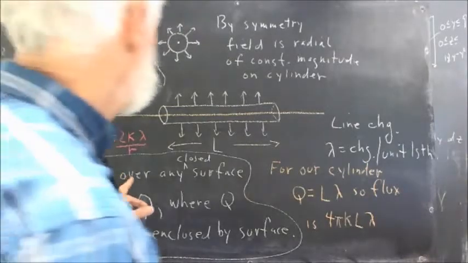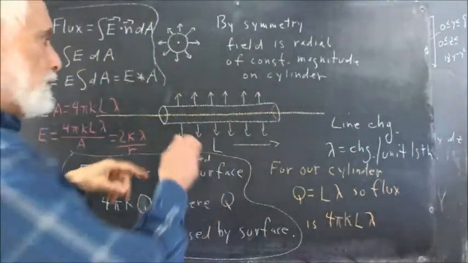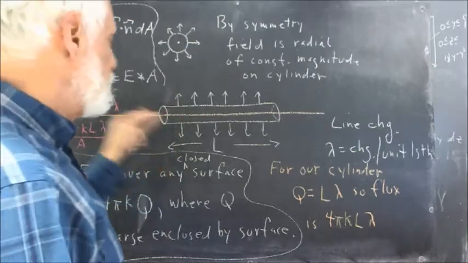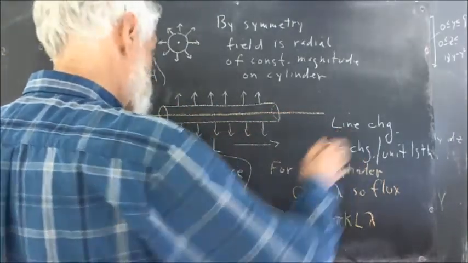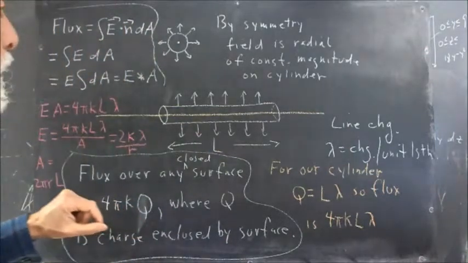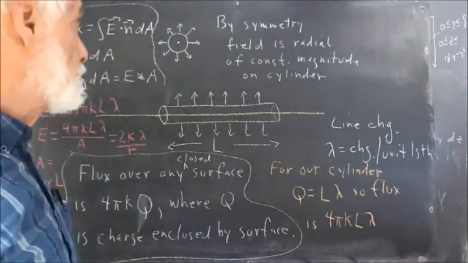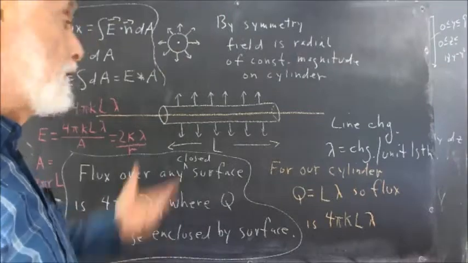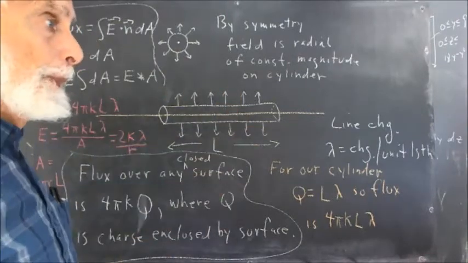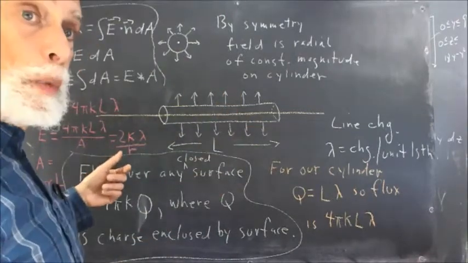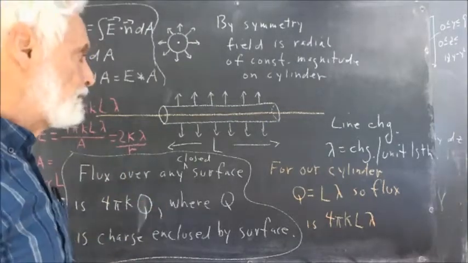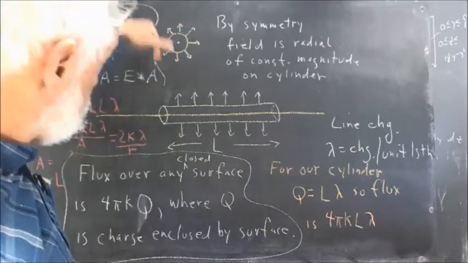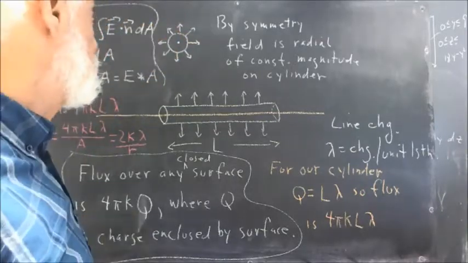Another symmetry argument tells us that the field is always perpendicular to the line charge, to the extent that we're far from the ends. Now, the symmetry argument goes something like this. If we have this line charge, and you look away for a minute, and I rotate this line 90 degrees or whatever, then this field has to rotate 90 degrees.